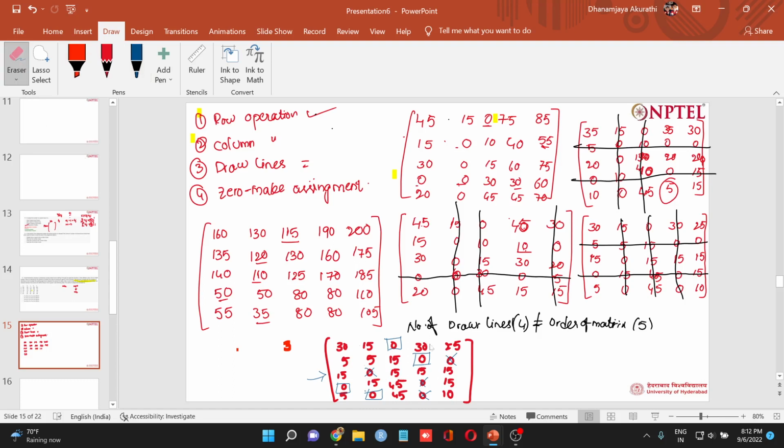So instead of that, here we can change to select a 0. Okay, again I show you: 15, 0, 30, 25.